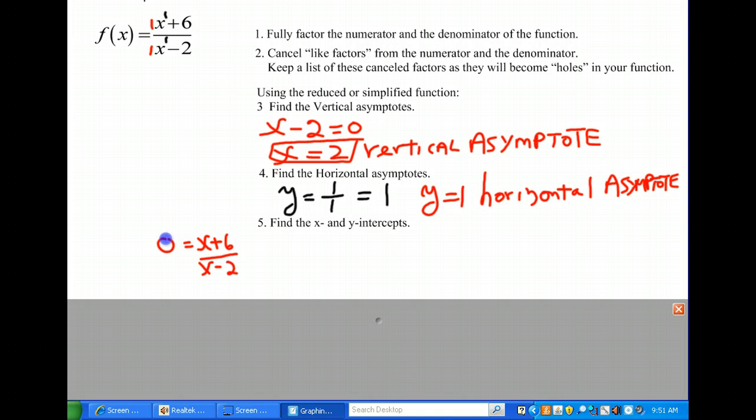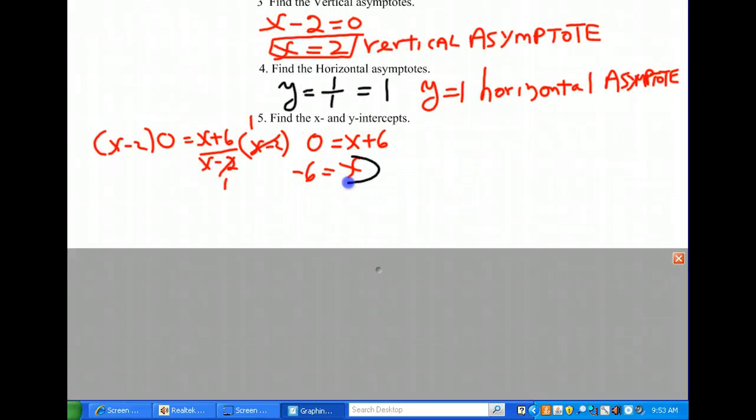And if we multiply both sides through by x minus 2, and we cancel here, we get 0 on the left side, and we get 0 is equal to x plus 6, which means x is equal to negative 6, and that is our x-intercept. So x equals negative 6 is our x-intercept.